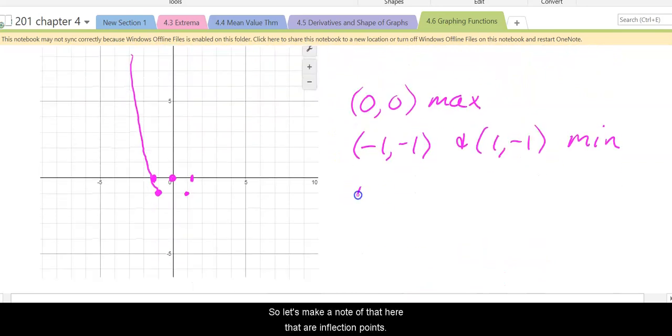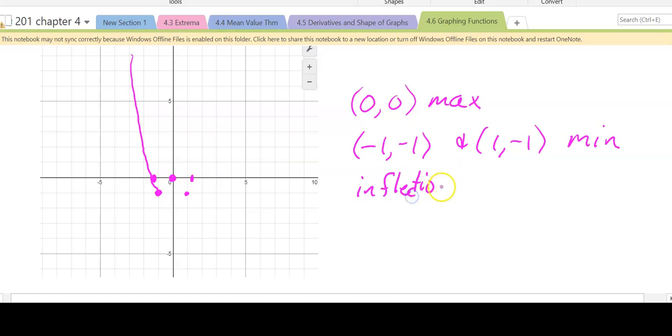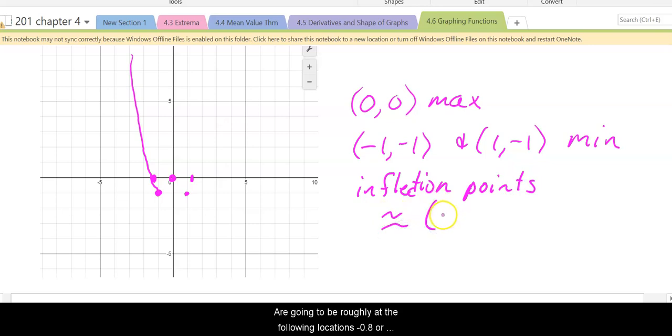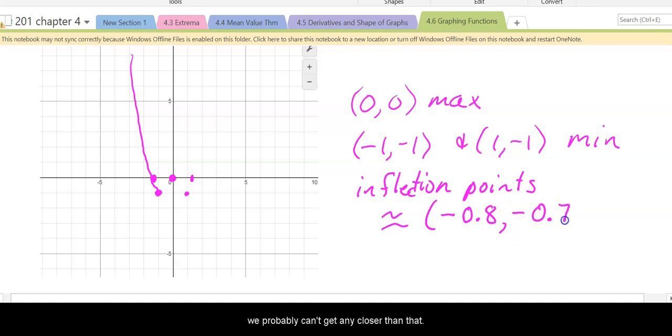So let's make a note of that here, that our inflection points are going to be roughly at the following locations: -0.8 or 0.775, comma, and -0.65, which is about -0.7.